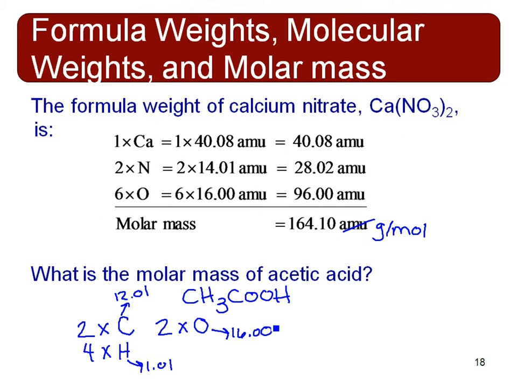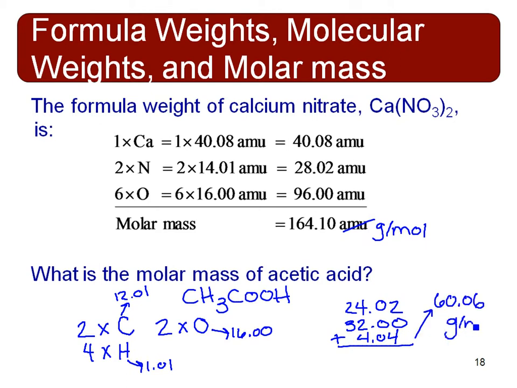So if we take 2 times 12.01, we get 24.02, and 2 times 16 is 32 for our oxygen, and then if we take 4 times 1.01, we get 4.04. When we add all these up, we should get 60.06 grams per mole.